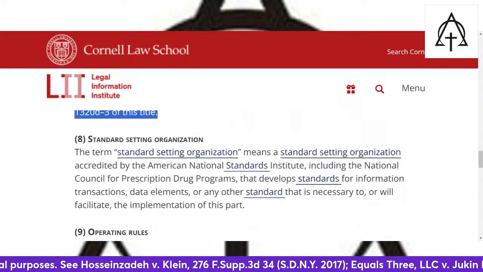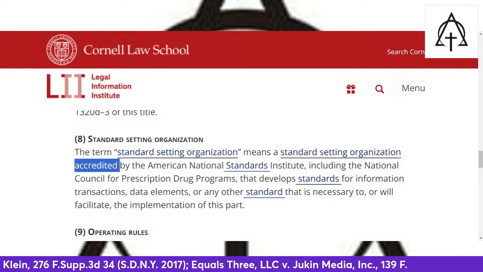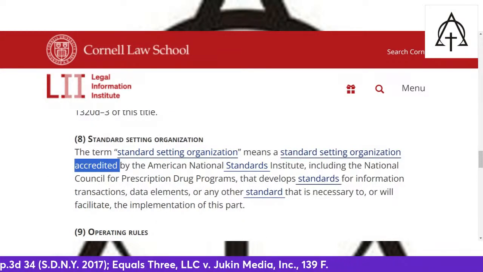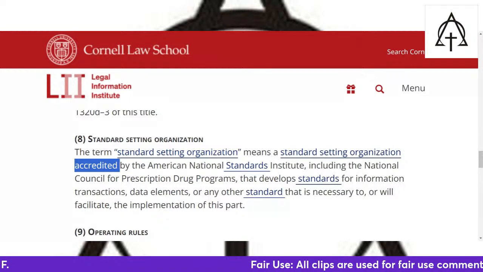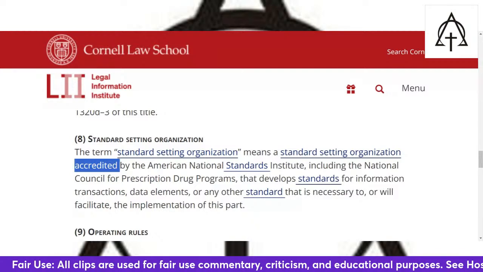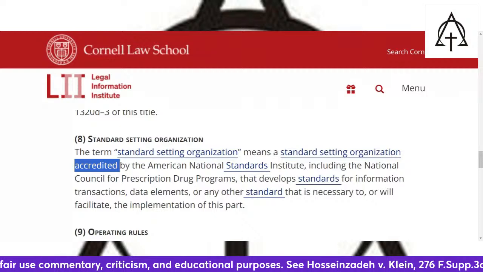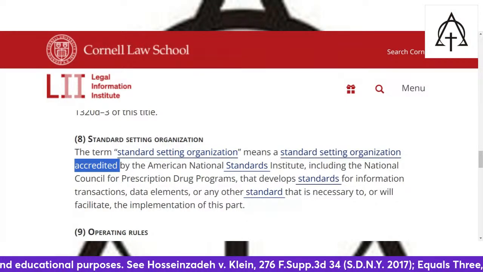Standard setting organization means a standard setting organization accredited by the American National Standards Institute, including the National Council for Prescription Drug Programs, that develops standards for information transactions, data elements, or any other standard that is necessary to or will facilitate the implementation of this part.